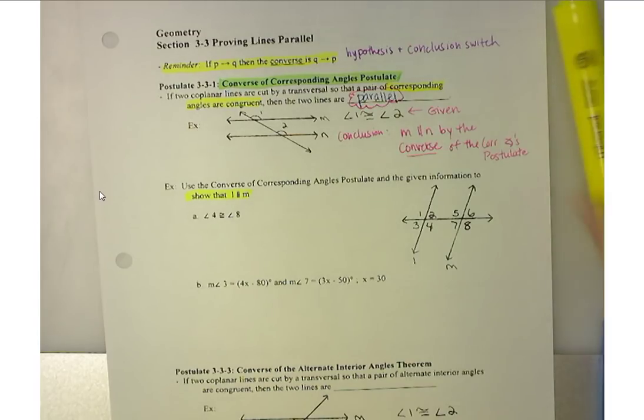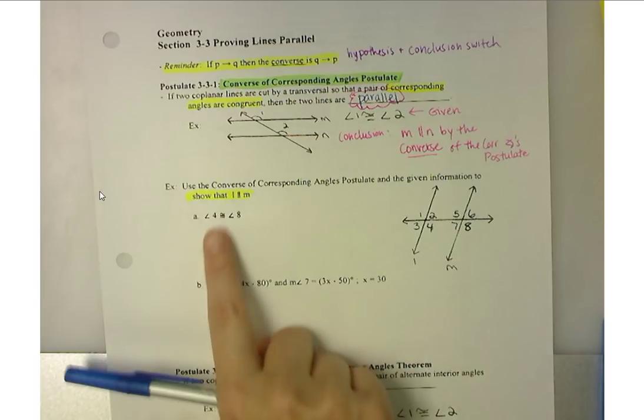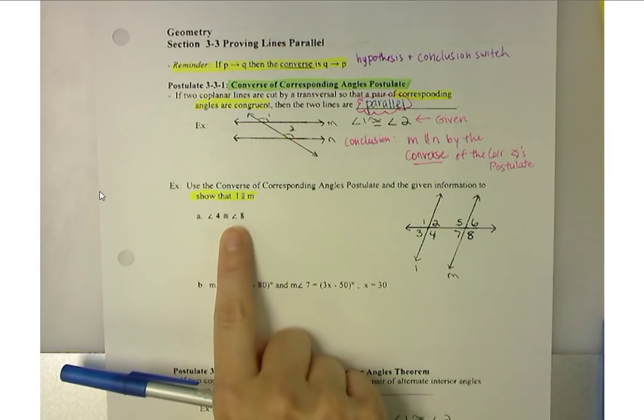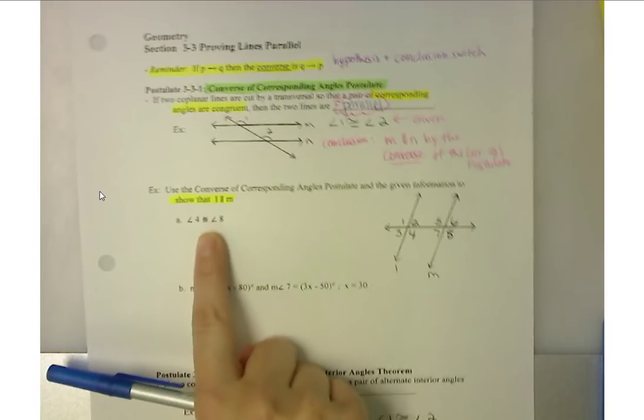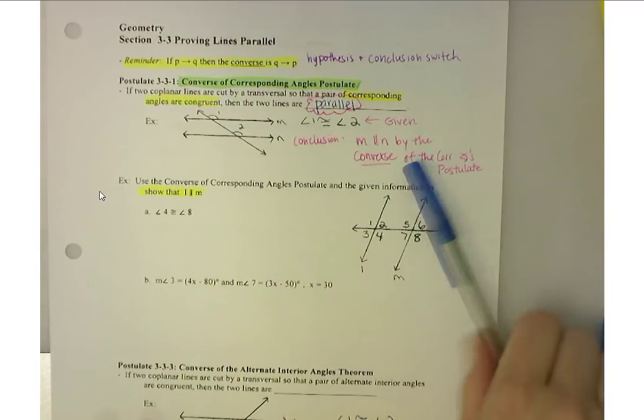So make sure whatever I'm writing down, you're writing down as well. I know some of you are thinking, I don't want to write all this down, but I promise this will help you get into the correct mindset for when we start to write out those two-column proofs. So when they say 4 and 8 are congruent, the first thing you want to do is look at your picture.